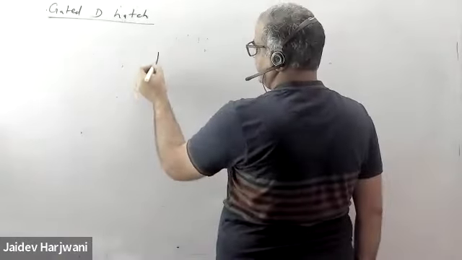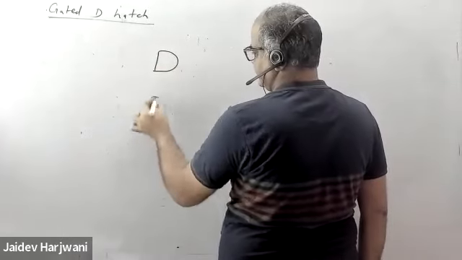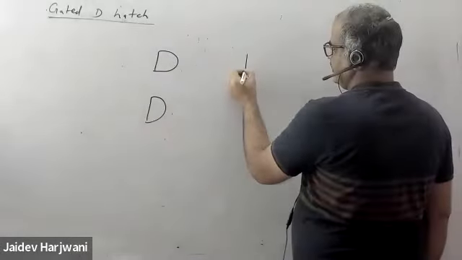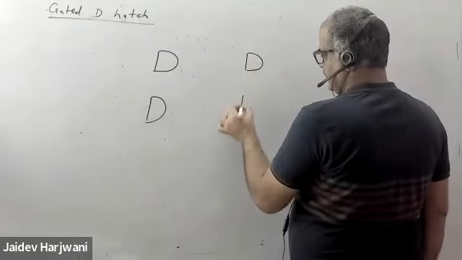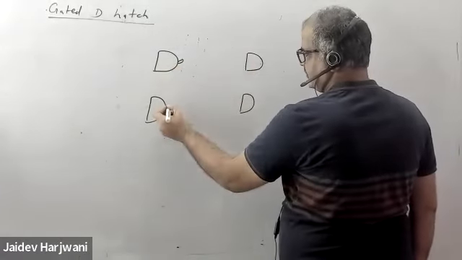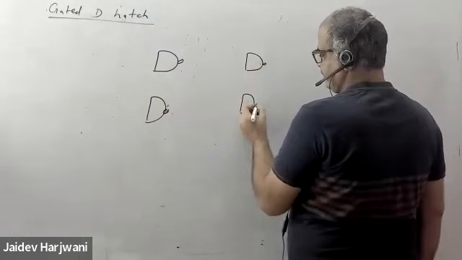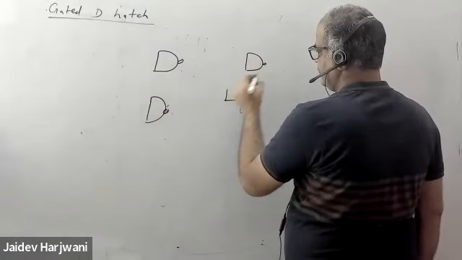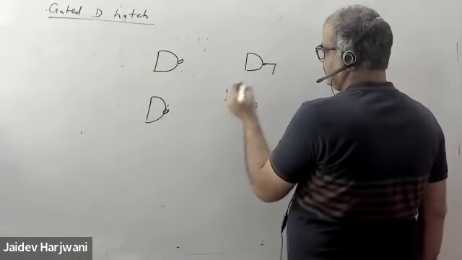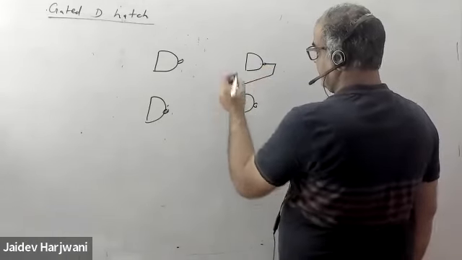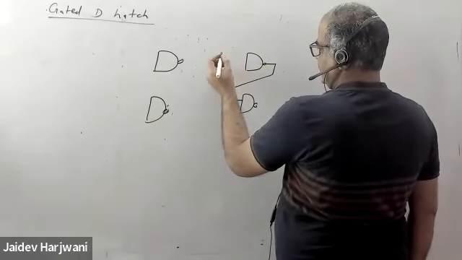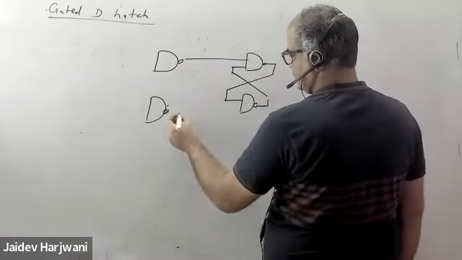So you have an SR flip flop with steering gates, made of NAND gates. So this is the input, and this input is going here. Similarly, the output of this one is going as input here, and this is coming as input here, this is coming as input here.